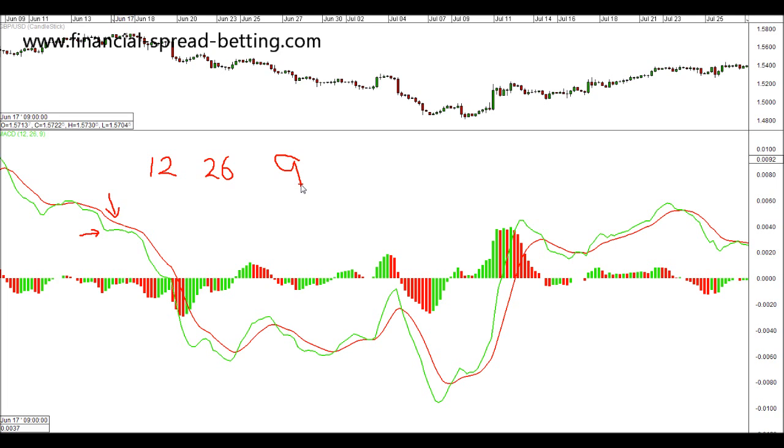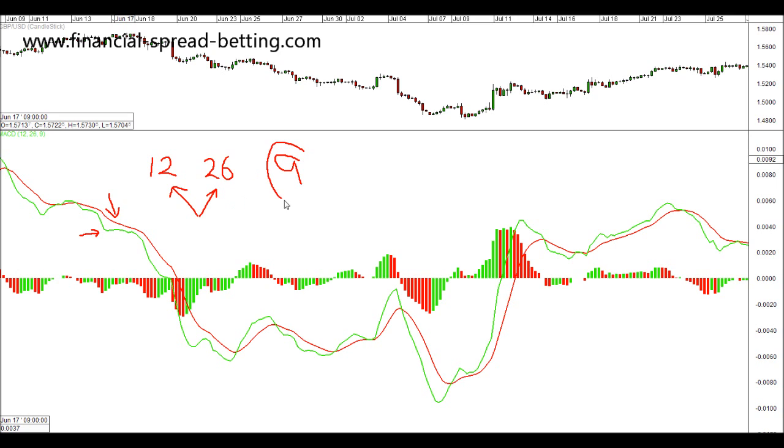A common misconception with the MACD is that these moving averages are standard moving averages calculated on closing price. But actually the moving averages are moving averages of the difference in price of these two moving averages.